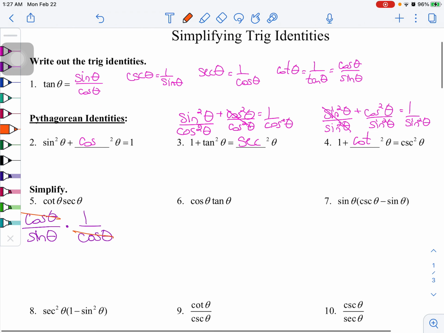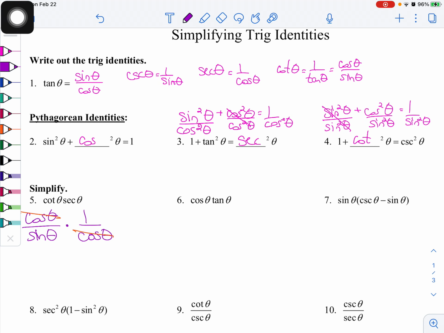Now cancel out what you can. Cosine theta will take out that cosine theta. We are left with 1 over sine theta, and that can be reduced to a single trig ratio of just cosecant theta.